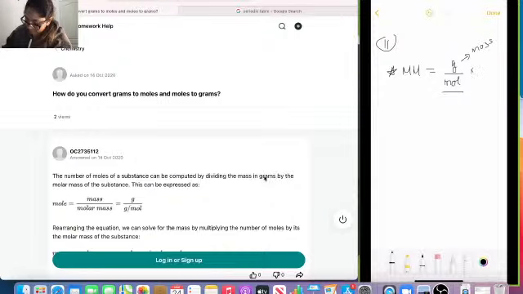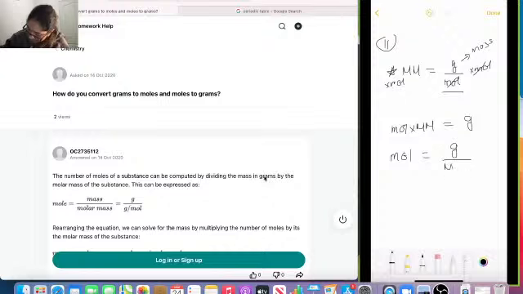I'm just trying to show the full steps on both sides. What we get here is moles times molar mass, so the moles cancel out and you get grams. If you want moles by itself, we take the molar mass to the other side, and the result is division. So moles is equal to grams per molar mass.